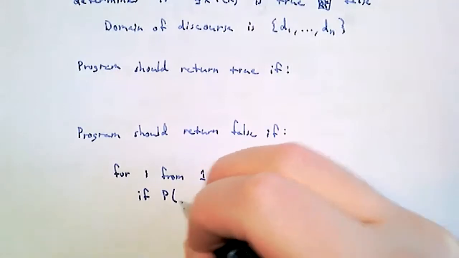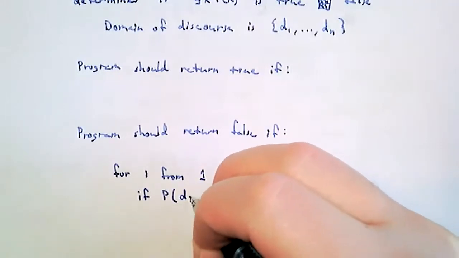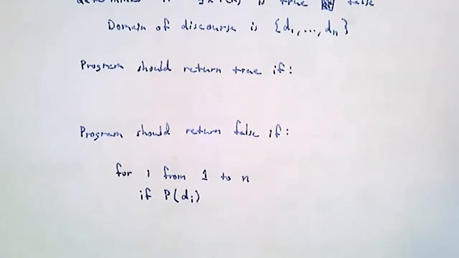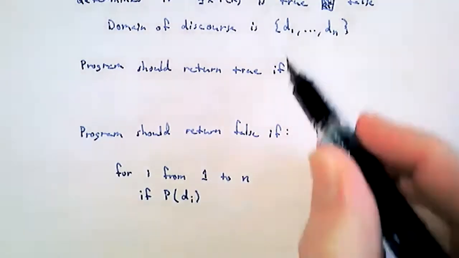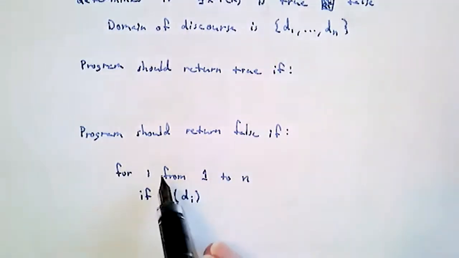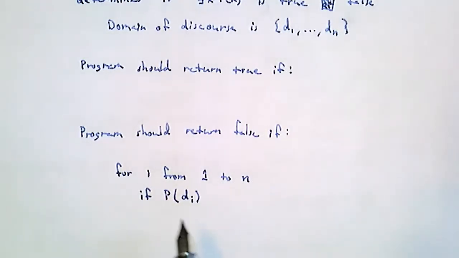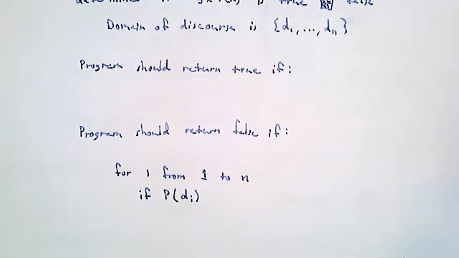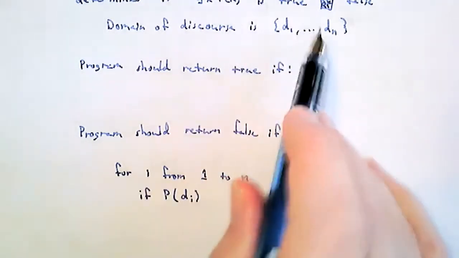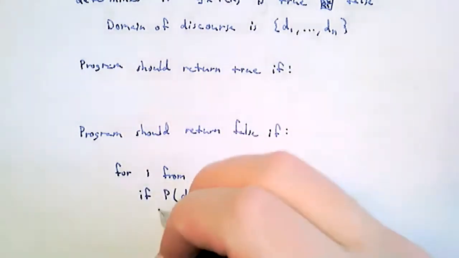And remember, we're plugging in d_i. So d with a little subscript i, starting at 1, and then 2, 3, 4, 5, all the way up to n. So if this is true, what needs to happen? If one of our statements is true. Good. So if at least one of these is true, then our program should return true.